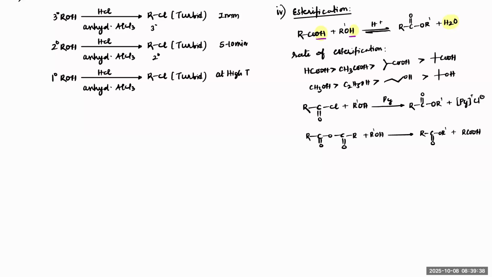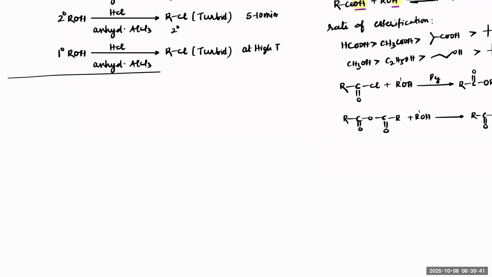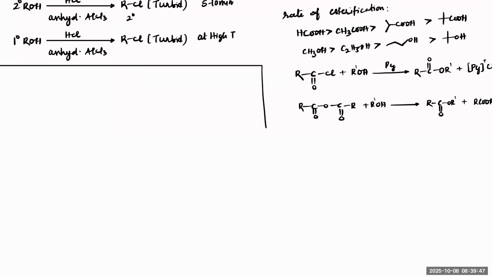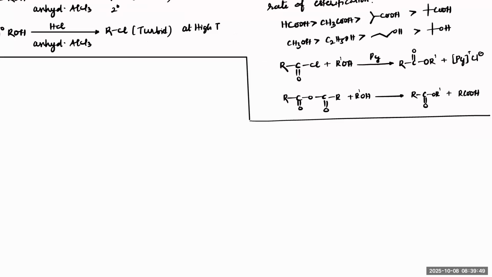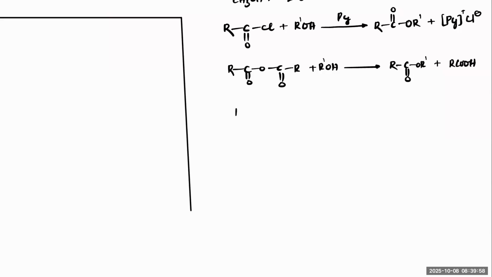Clear? Now, here we can also add something: in case you have an already existing ester RCOOR' plus something like ethanol being added in excess, then you can get this to form RCOOEt plus R'OH.